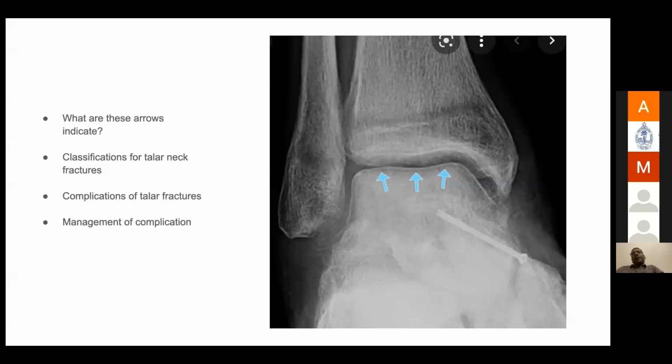So, what are the complications of talar fractures? Avascular necrosis. Yes. Post-traumatic osteoarthritis. Yes, post-traumatic osteoarthritis. So ankle arthritis and subtalar arthritis.